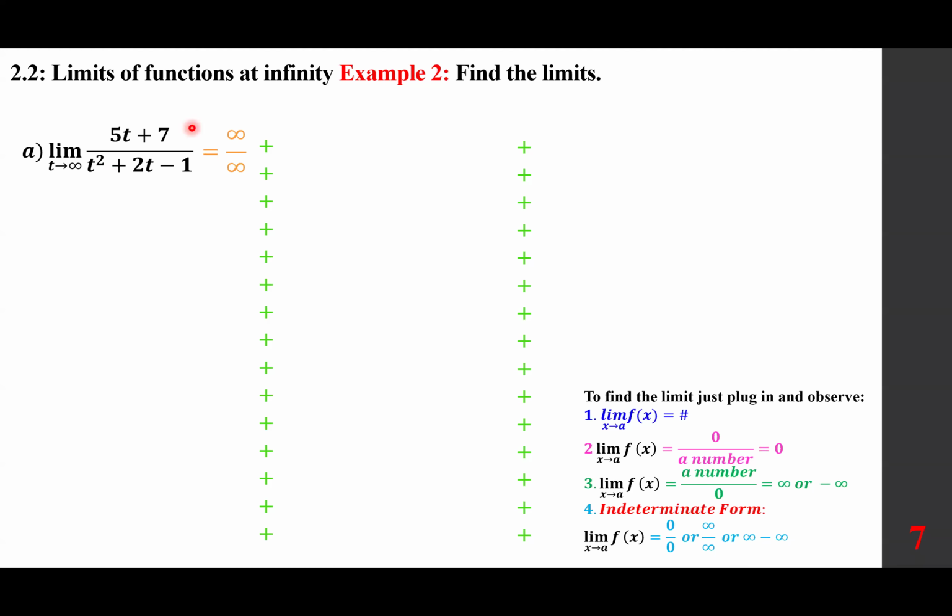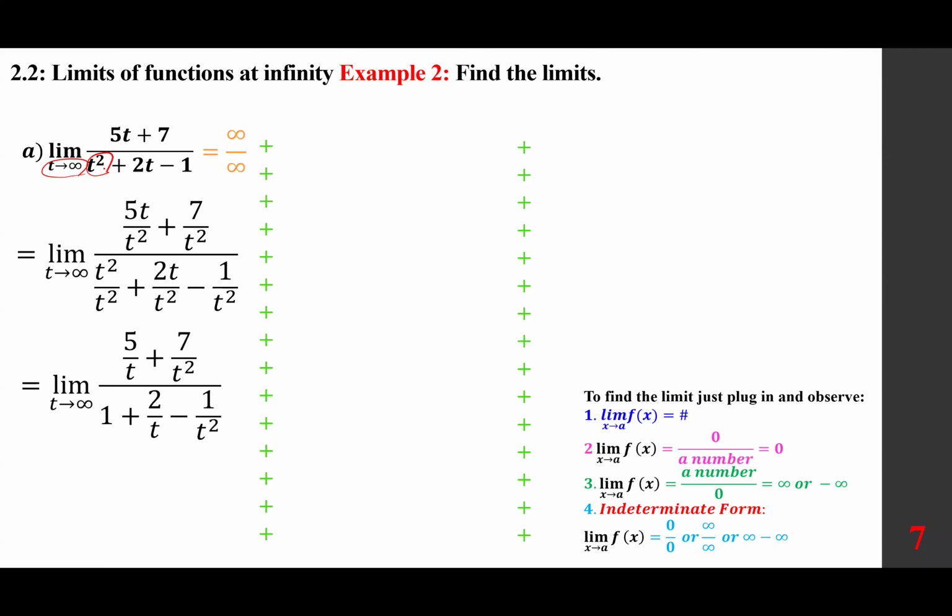Again, you're dealing with a rational function or expression. Because the variable is approaching infinity, you divide by highest degree term in the denominator, namely t squared, and you simplify. And now you plug in.